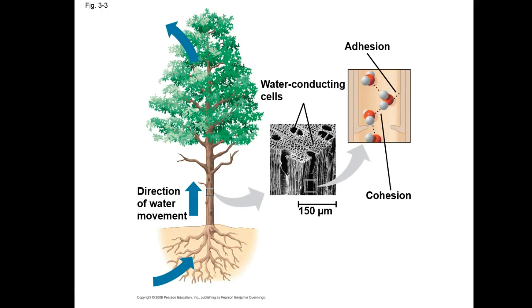You have a ball of string in the dirt of water, and as the molecules are evaporated out of the tree, another molecule comes up that is in the pipeline from the dirt. And you also have a nice picture of the conducting cells that you find in plants. These are the channels that actually allow for water to flow upward.